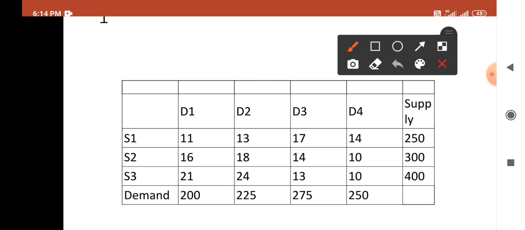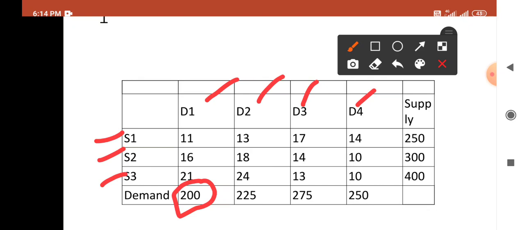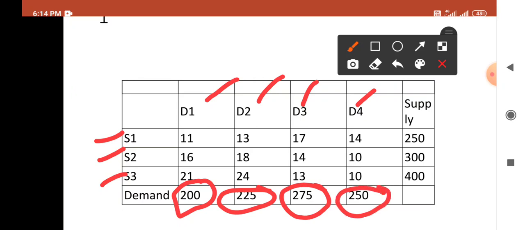So now in this matrix, there are three sources, 1, 2 and 3. There are 4 destinations, 1, 2, 3 and 4. Destination 1 requires 200 units, destination 2 requires 225 units, destination 3 275 units, destination 4 requires 250 units.